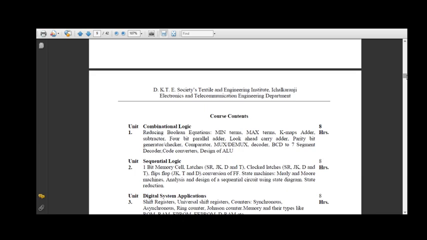And for each of those, how to apply the Boolean function equations and the terminology of getting the reduction of the Boolean equation using K-maps. All these things will be discussed in the first unit, named combinational logic.